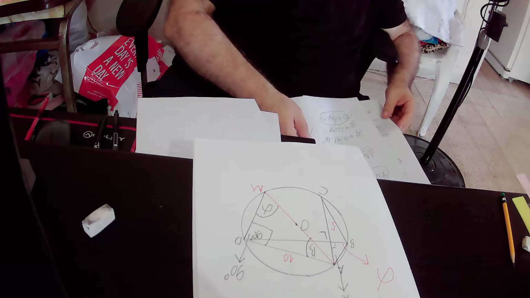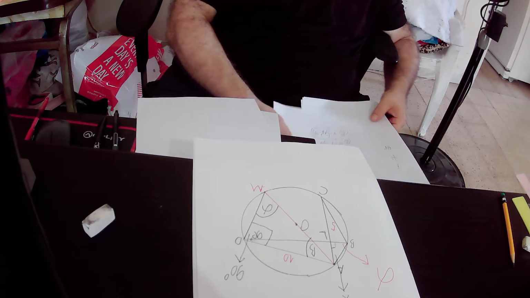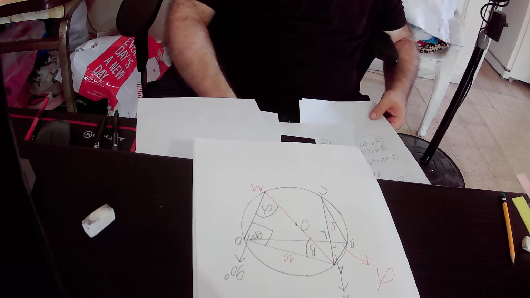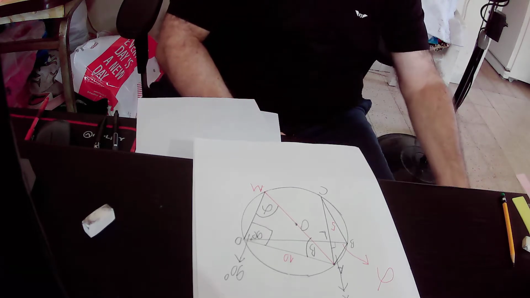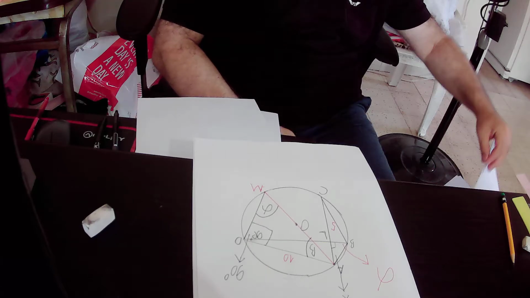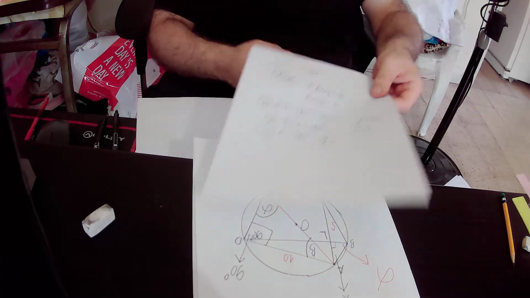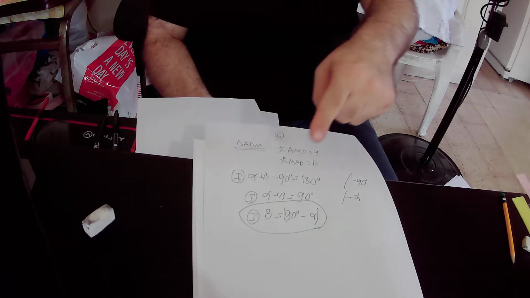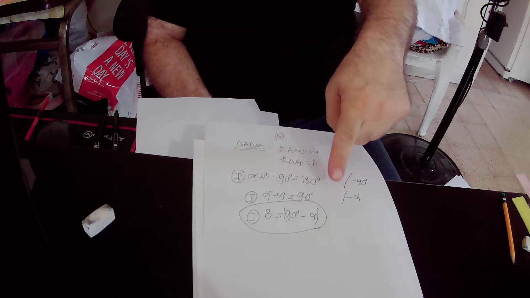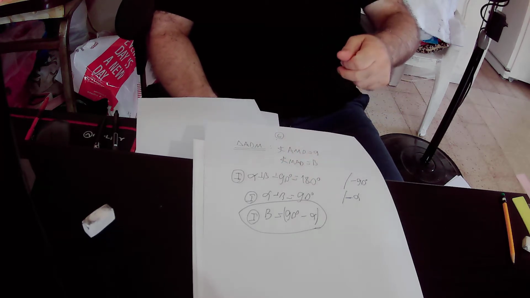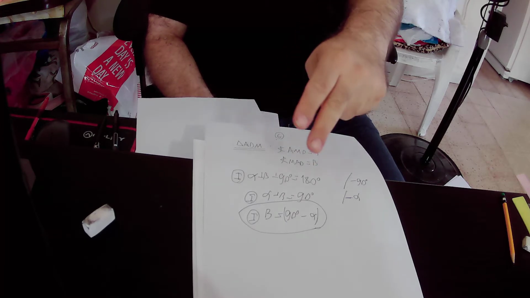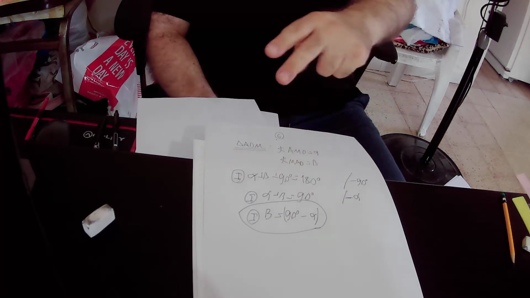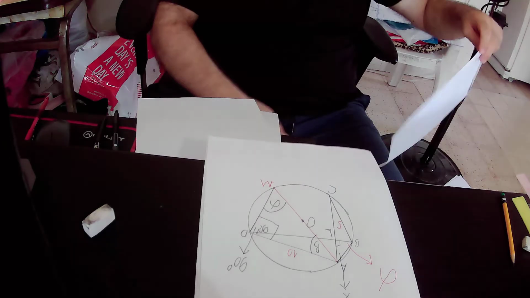But we know that actually, according to equation number 1, beta also equals 90 degrees minus alpha. Okay, this is equation number 1, which states that angle beta equals 90 degrees minus alpha, so I will write it down.